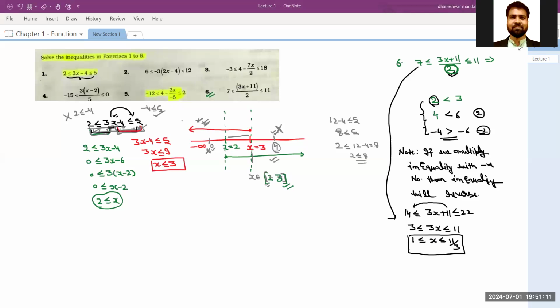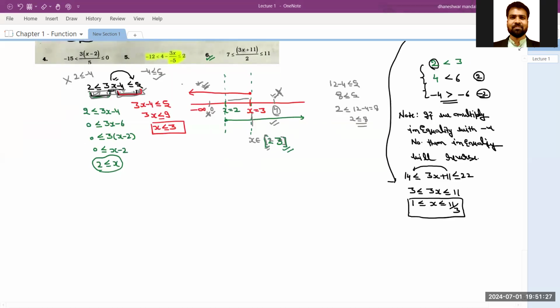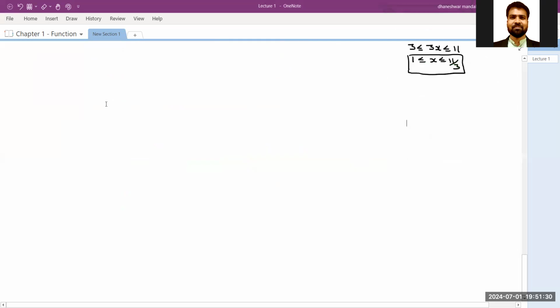Okay, now we are going to learn the componendo dividendo concept. See, I know that if A by B is there, let's take one ratio, 1 by 2.